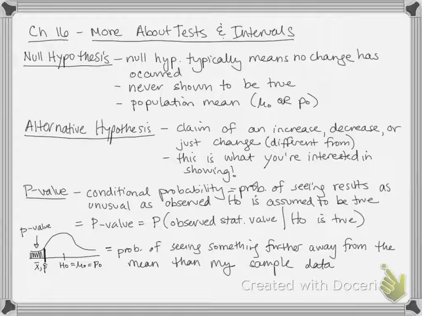That's just another definition of the p-value. So remember, my sample data is either x bar or p hat. It's the mean from the sample or it's the proportion from the sample, depending on, again, which test we are running here. I'm going to move to a new slide so that we can keep going.